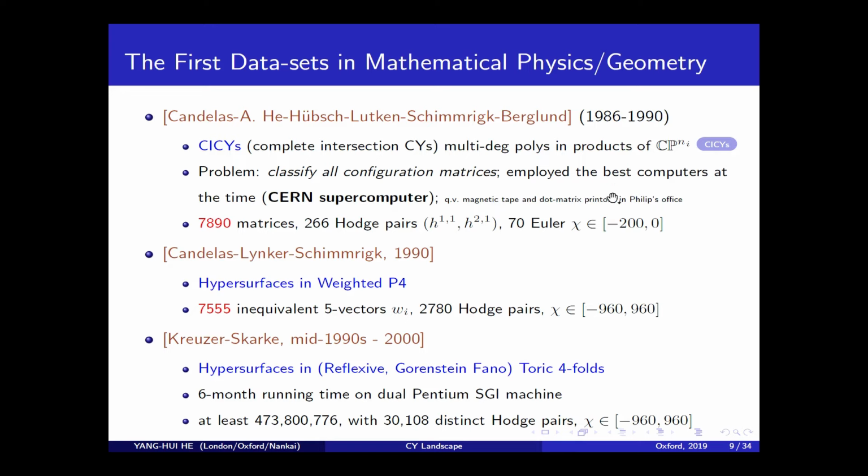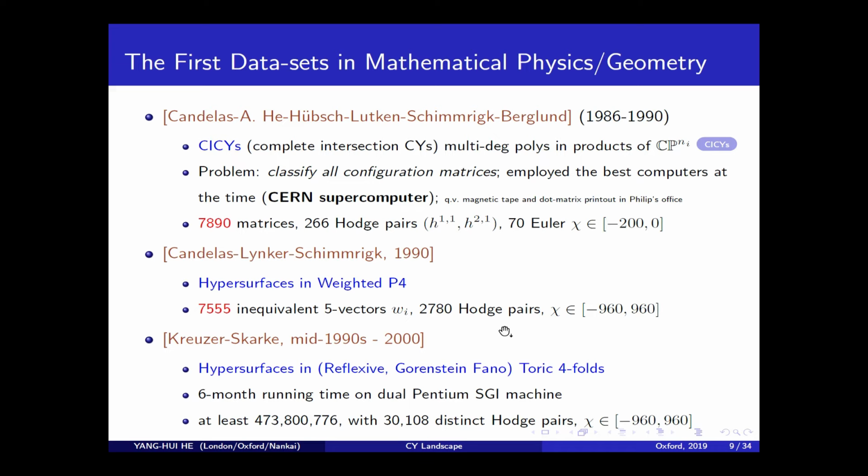This went on into the mid-90s, and another 8,000 were found with certain properties. This entire program really culminated in the 1990s and 2000s with Kreuzer and Skarke, who really bit the bullet. I won't get into the details of this.